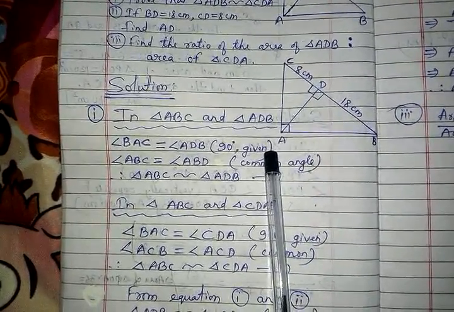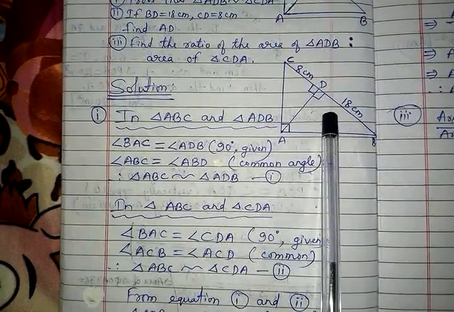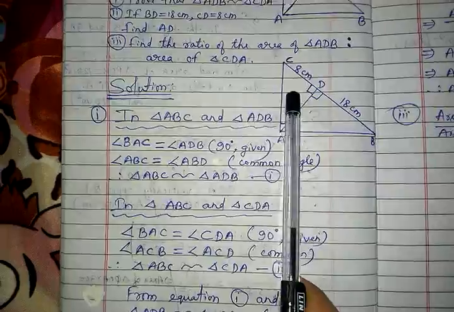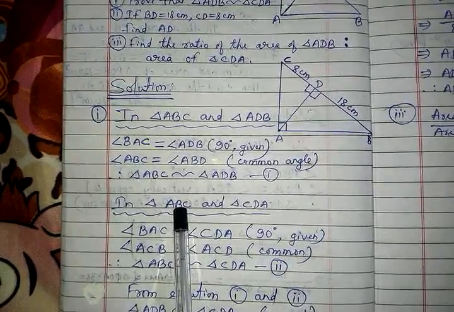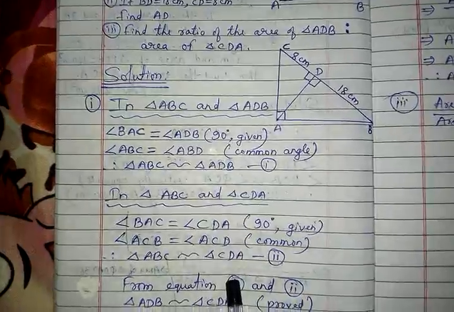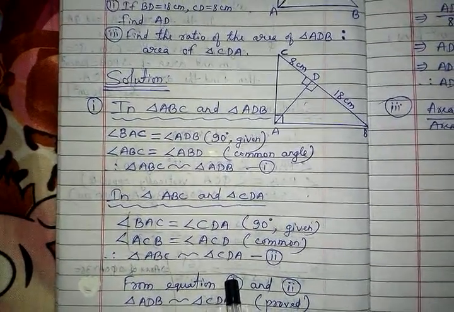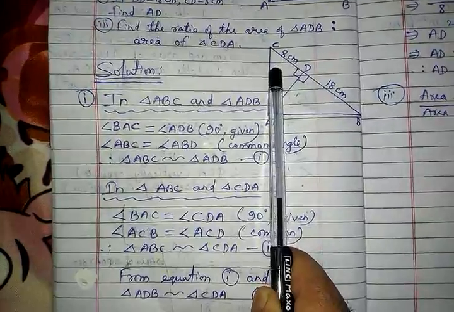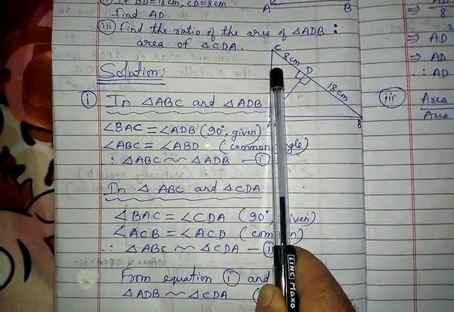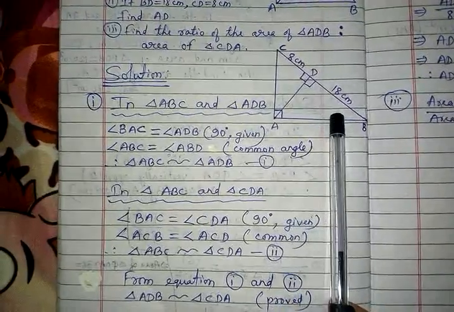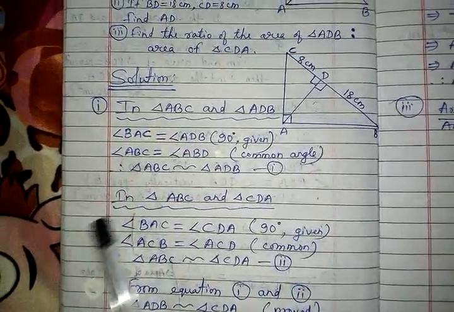So we compare each of these triangles with ABC, and from case 1 and case 2 we can finally prove that these two triangles are similar. If we start directly, we cannot find any similarity between these two triangles. So let us start the technique, children.